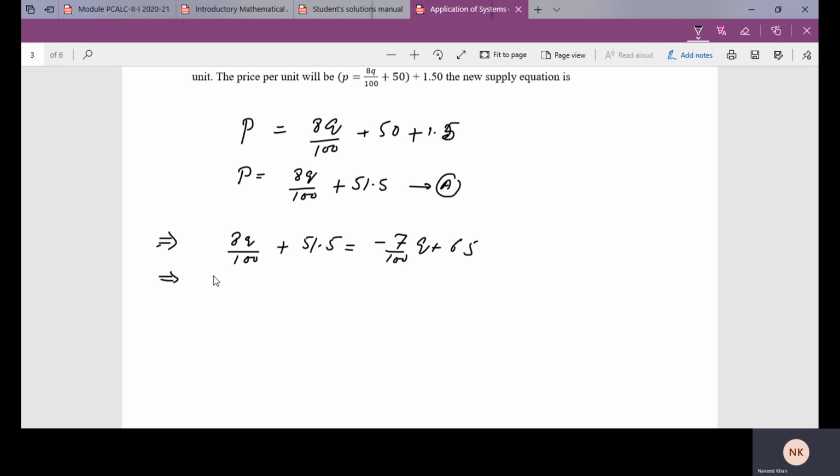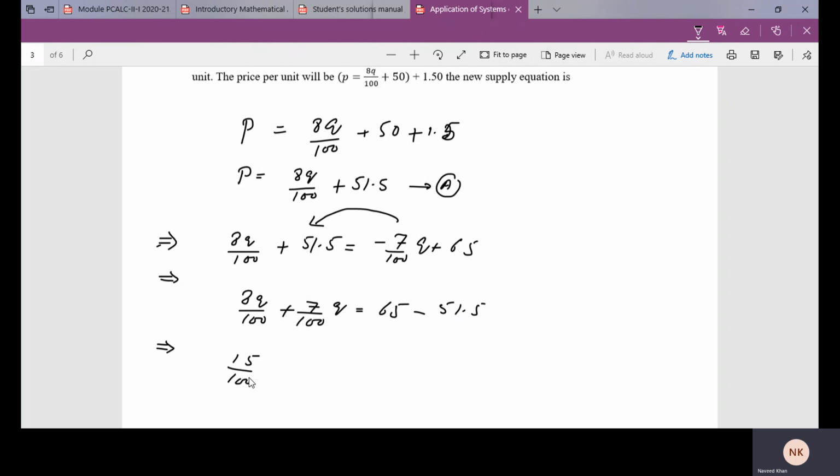This implies that 7 by 100 Q will move to the left hand side, so it will become 8Q by 100 plus 7 by 100 Q is equal to 65 minus 51.5.